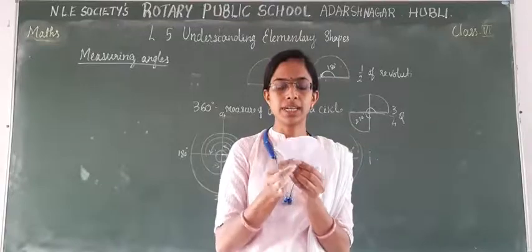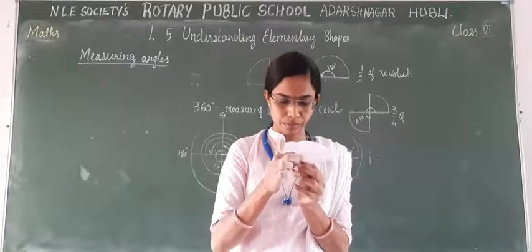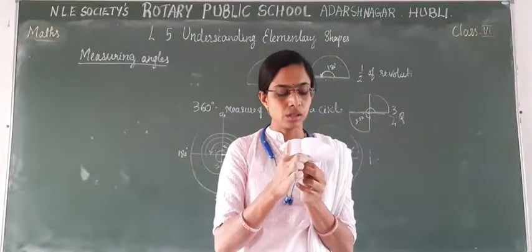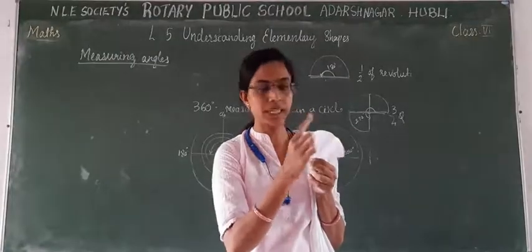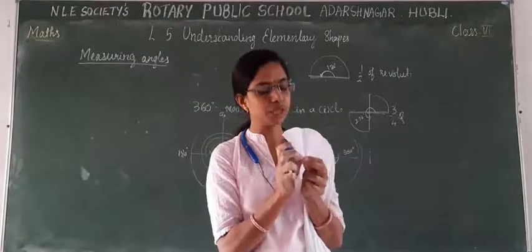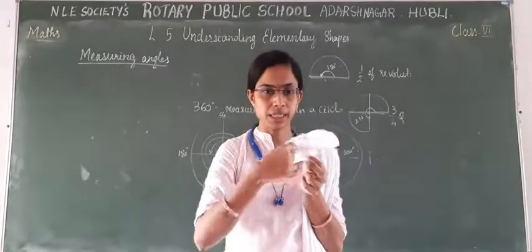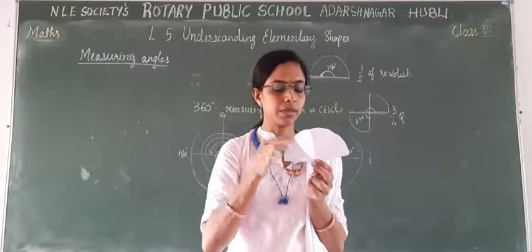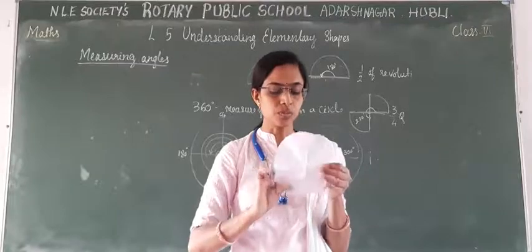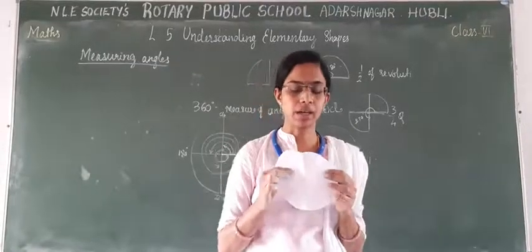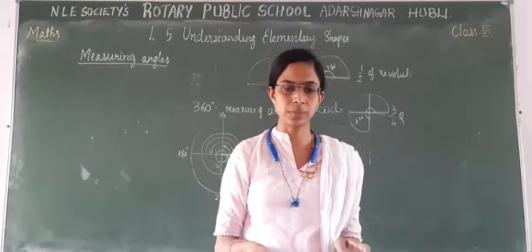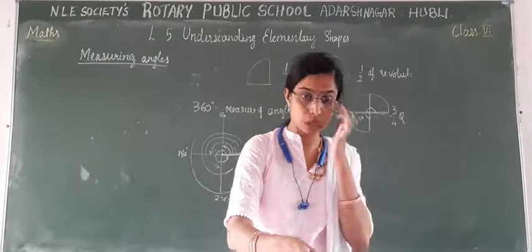This is 135 degrees. So it is 45, 90, 135, 180 degrees. Again, when you open it one by one, you get the remaining angles. This is how we learn the concept of measuring angles.